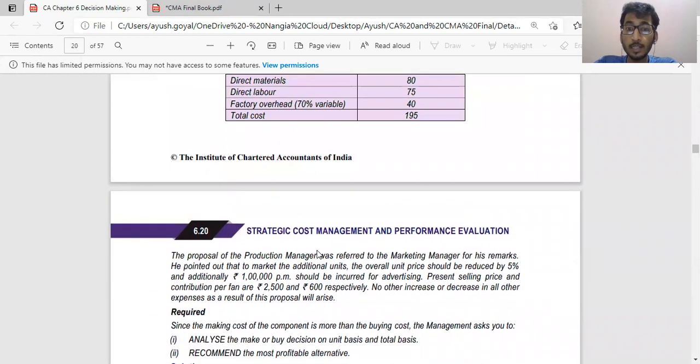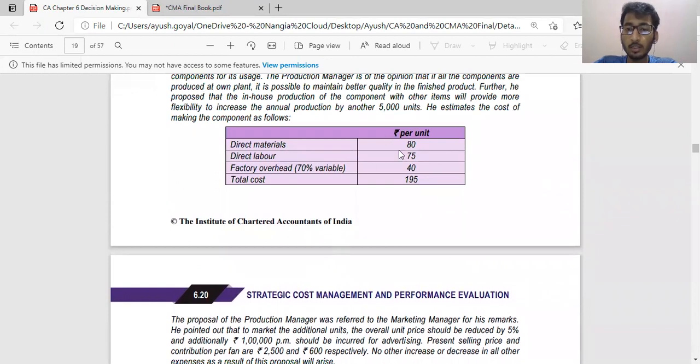So what basically is the fixed cost? Fixed cost is 30% of 40, which is 12 rupees. It can be said to be an apportioned cost. So what is basically an apportioned cost? Suppose the depreciation cost of a machinery is 5 lakh rupees per year.